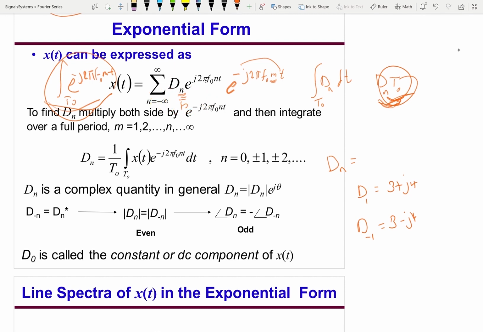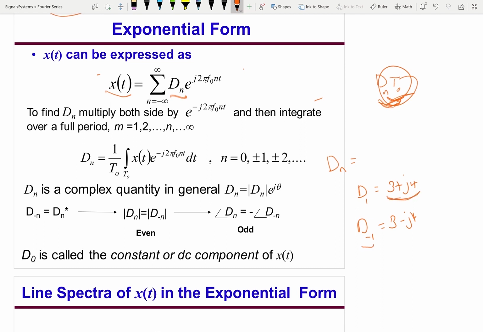Because if I add D1 and D minus 1, they have to be conjugate, so that when you sum them up, you get a real signal. Remember, x of t is a real signal. D2 and D minus 2 will also be conjugate of each other. That means the magnitude will be the same, and the phase will be the negative of each other.